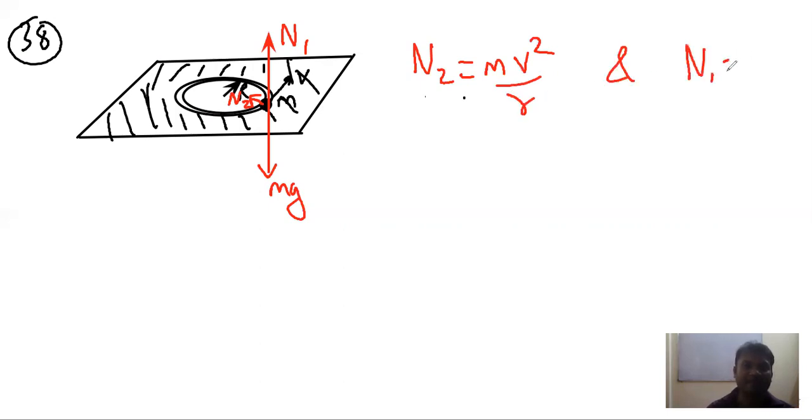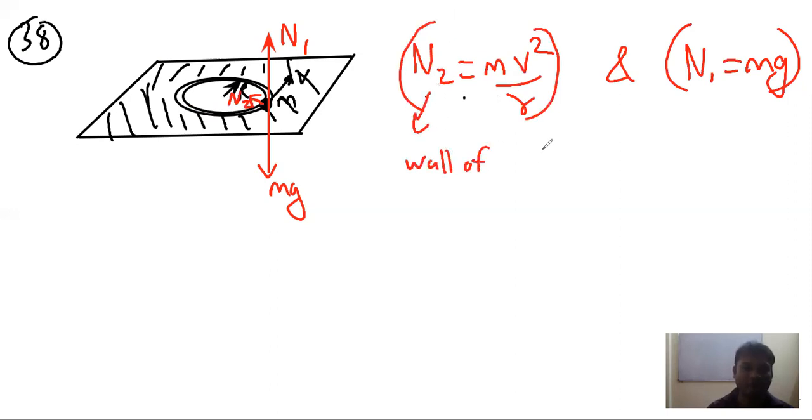And normal reaction N1 equals mg along vertical force balance. N2 is normal reaction by the wall of the groove. So our answer to this question, two answers: N1 is mg and N2, normal reaction by wall of the groove, is mv square by r. So these are the answers to this question.